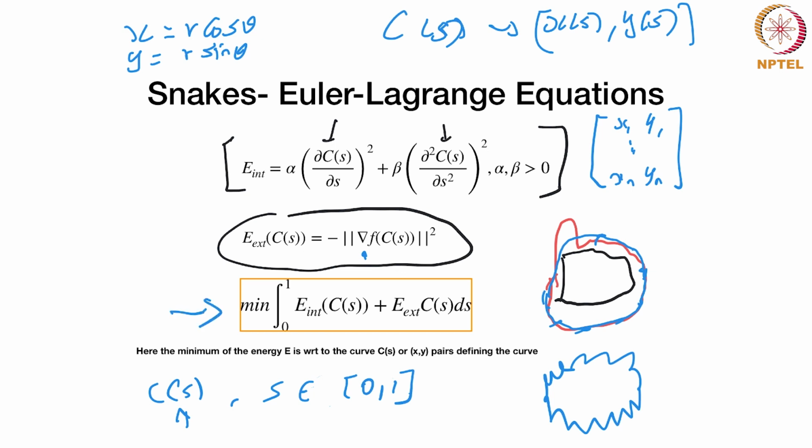We add this E internal, this energy which corresponds to the regularization term, and this I call the data term because F is the image, that's the data that's given to you, and you are trying to estimate the gradient from the data. So that's the data term. And in the paper they have referred to it as an external term. Okay, E internal energy and the external energy. I like to call it regularization and the data term.